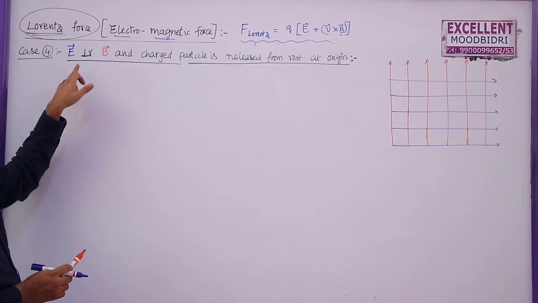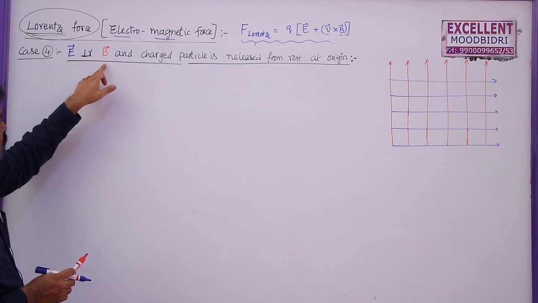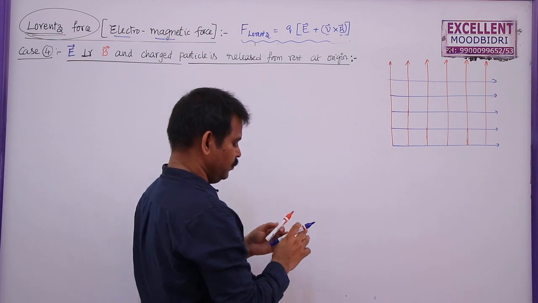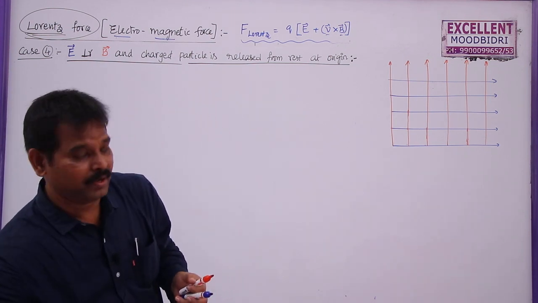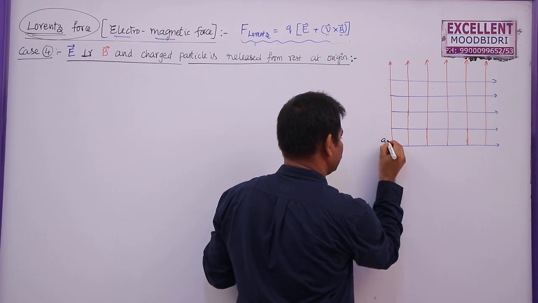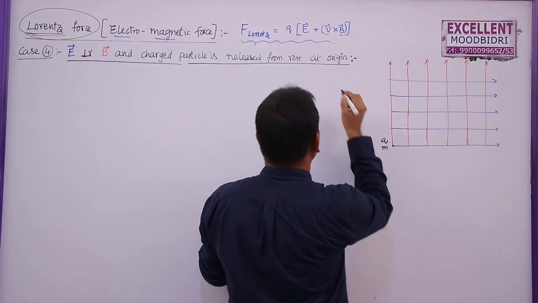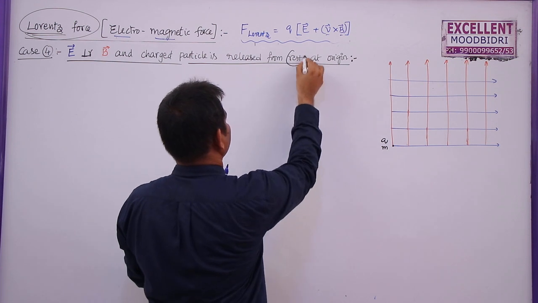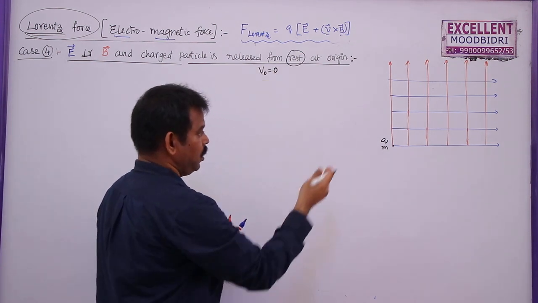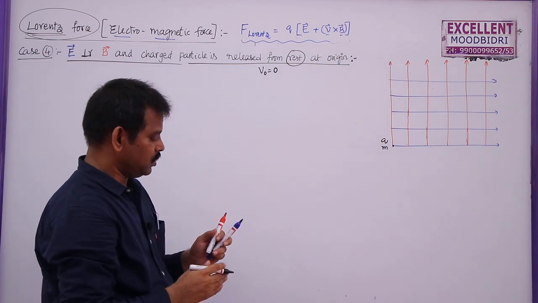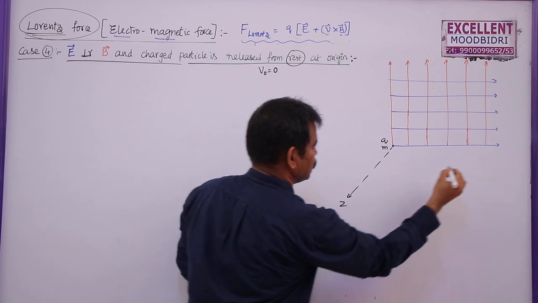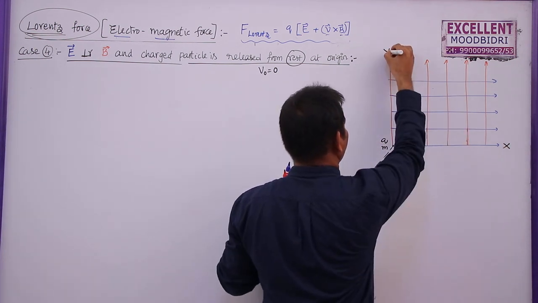Case 4, electric field perpendicular to magnetic field and the charged particle is released from rest from the origin. So the charged particle having charge q, mass m is released here. Whenever a charge is released from rest, we can take the initial velocity as 0. And what is the direction of the electric force and magnetic force here? So first let me find out. This is the z axis, this is the x axis, this is the y axis.